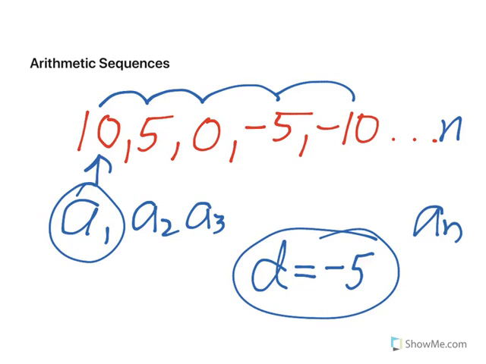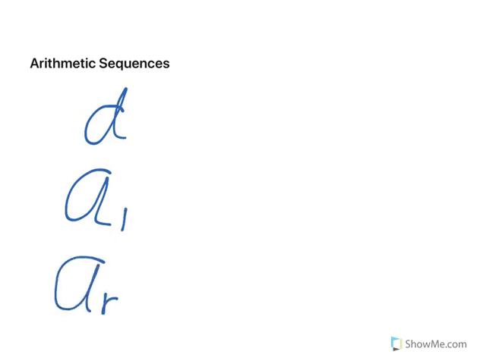The important things to get out of this are: what is the common difference, D? What is that first term, a sub 1? And what is the term you're looking for, a sub n? So you might hear a question say, what is the 14th term? So you're looking for a sub 14.